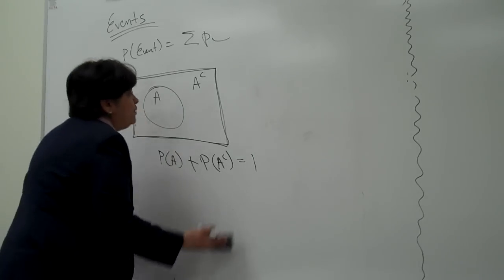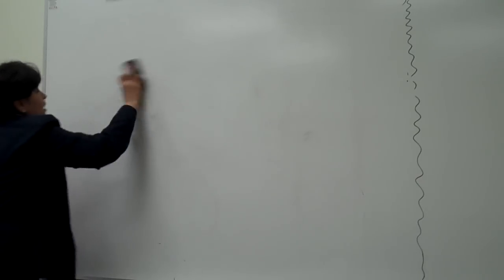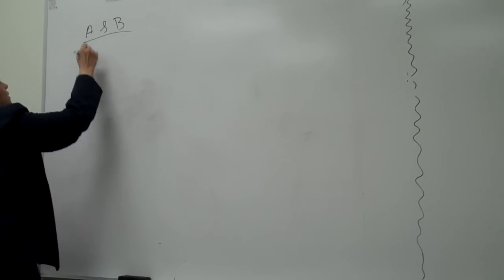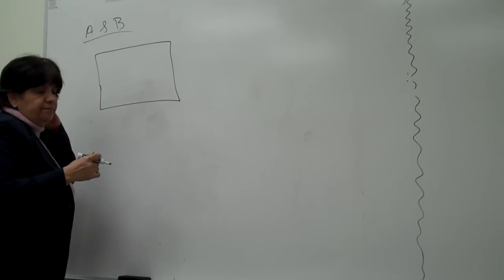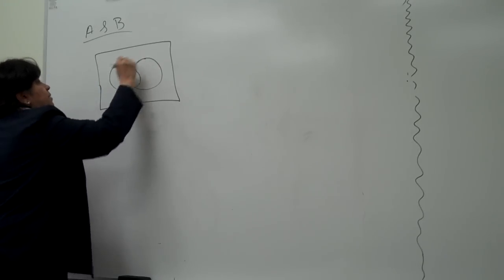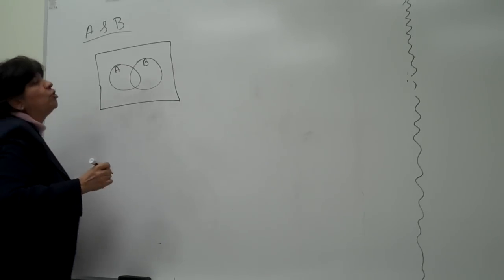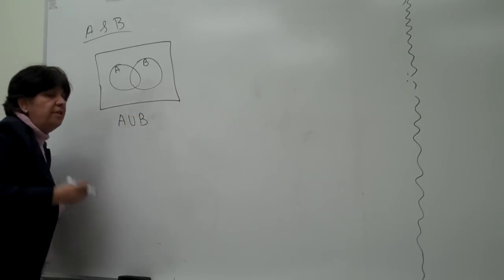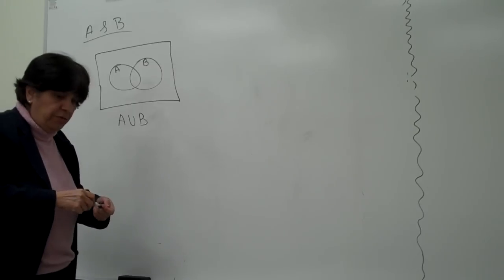Now, let's say that we have two events, A and B. In the sample space, we have an event A and event B. We have what is called the union. A union B are all the elements that are in A or in B or in both.